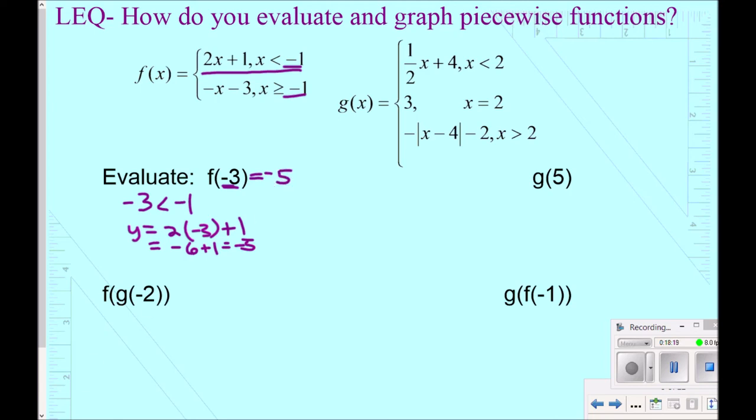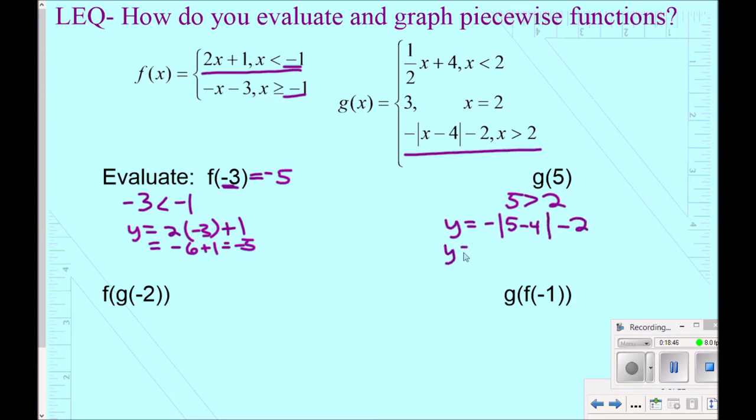Doing the next one, g of 5, same idea, except for now we're going to g. 5 has to be compared to 2. Is it less than 2, equal to 2, or greater than 2? Well, 5 is greater than 2, which means I'm going to input into the bottom equation. So y equals negative the absolute value, 5 is what's being input, minus 4, absolute value, minus 2.